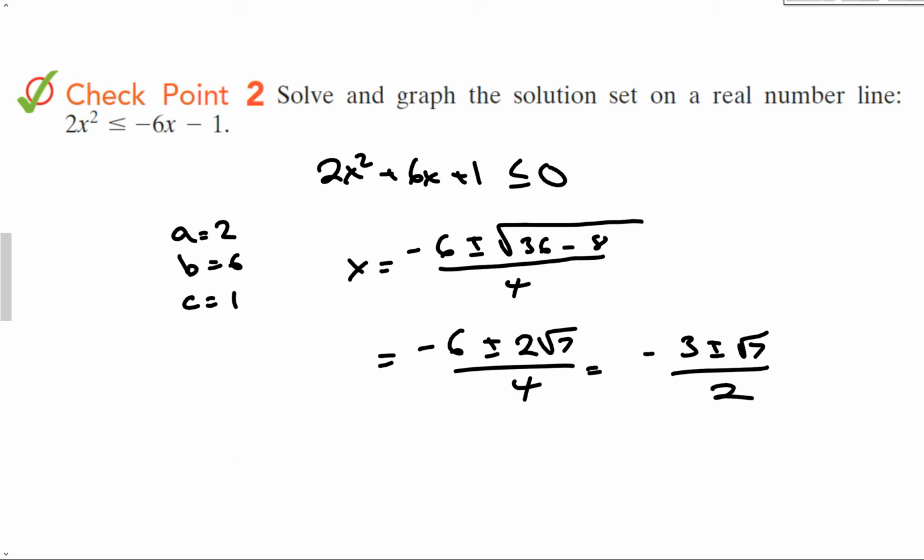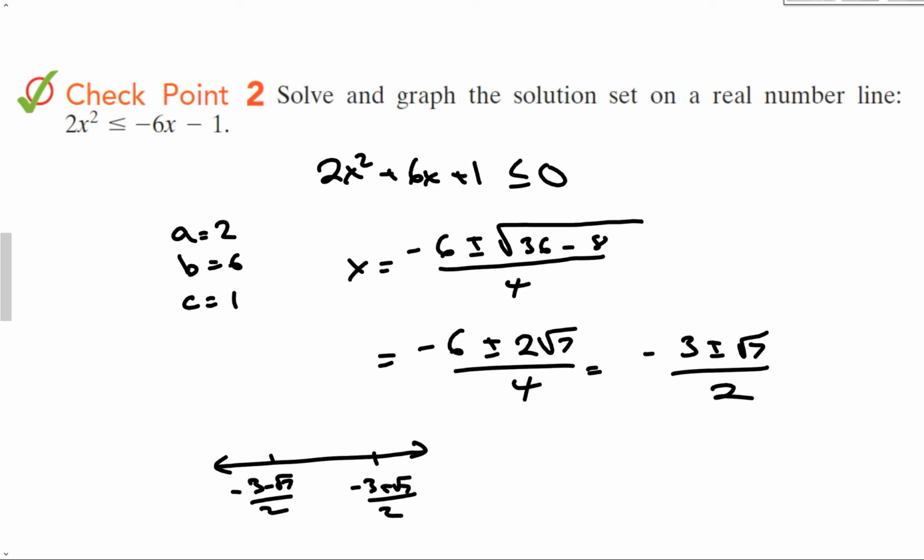Okay, so on my number line, I have negative 3 minus radical 7 over 2, and I have negative 3 plus radical 7 over 2. Since radical 7 is about 2.6, both of these numbers are negative.